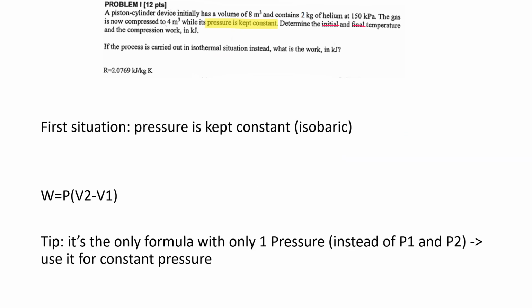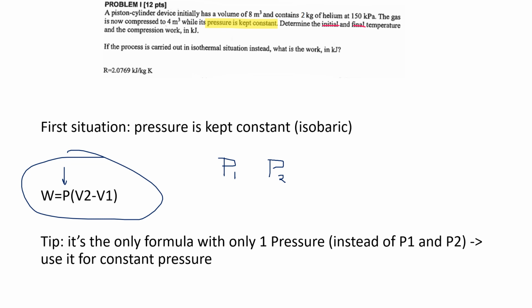So for the first situation, pressure is kept constant. Isobaric, we're going to use this formula. If you look at the formula list and you're not sure which one to use, this one only has one P, one pressure value. It does not have P1 and P2. So you can assume that during the whole process, P does not change.